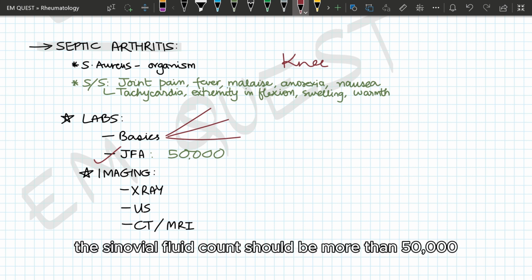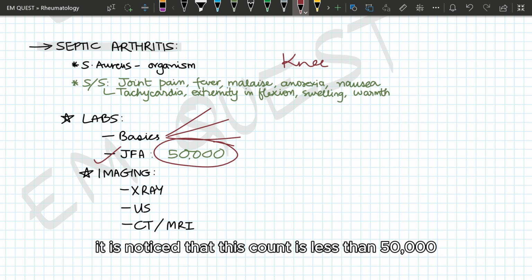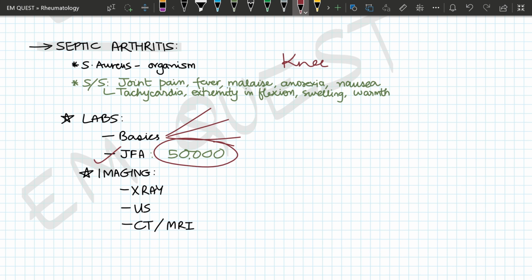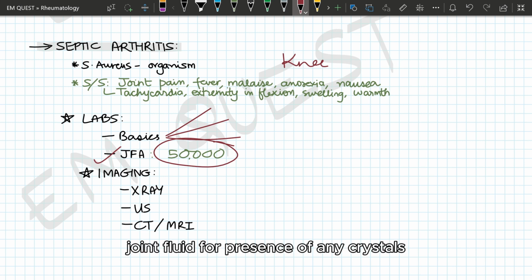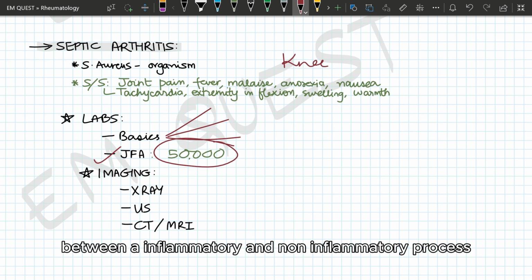Generally, the synovial fluid count should be more than 50,000 for septic arthritis to occur, but in about 30% of patients, it is noticed that this count is less than 50,000. Make sure to evaluate the joint fluid for presence of any crystals, because this is going to help us differentiate between an inflammatory and a non-inflammatory process.